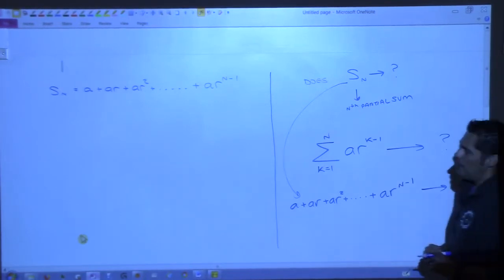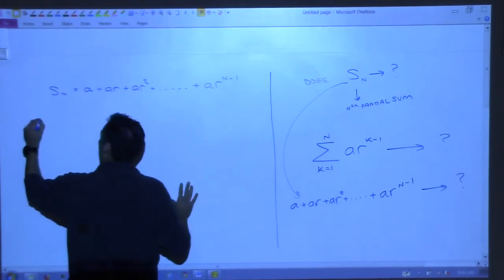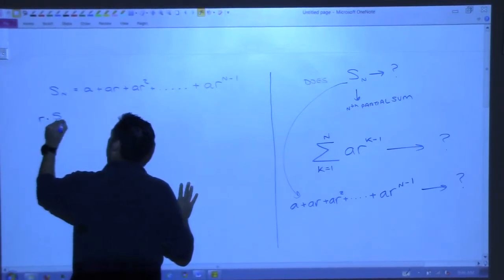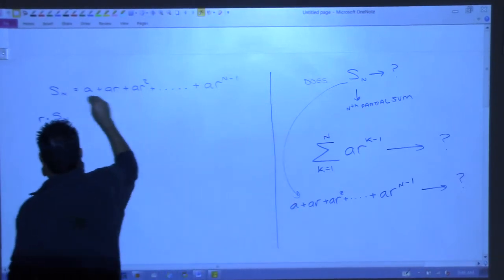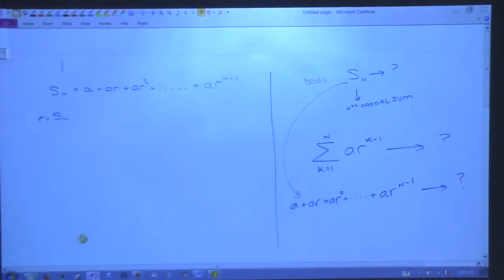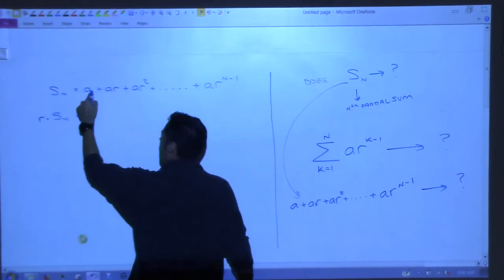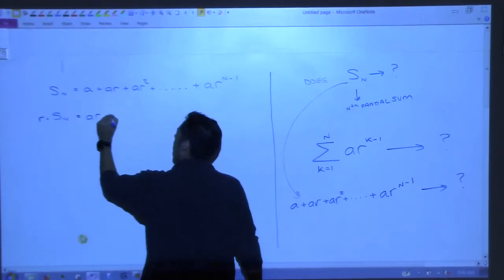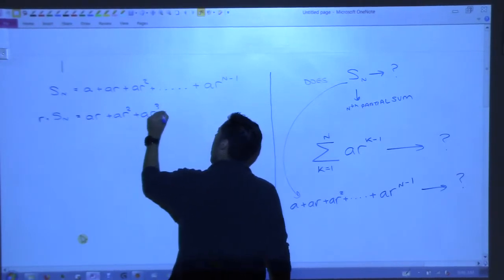But now, just kind of out of the blue, I'd like for you to tell me what r times S sub n is. Take this equation and multiply both sides of the equation by r. Don't ask me why, just do it. So what would you get on the right-hand side? That times r, a r squared, a r cubed plus.